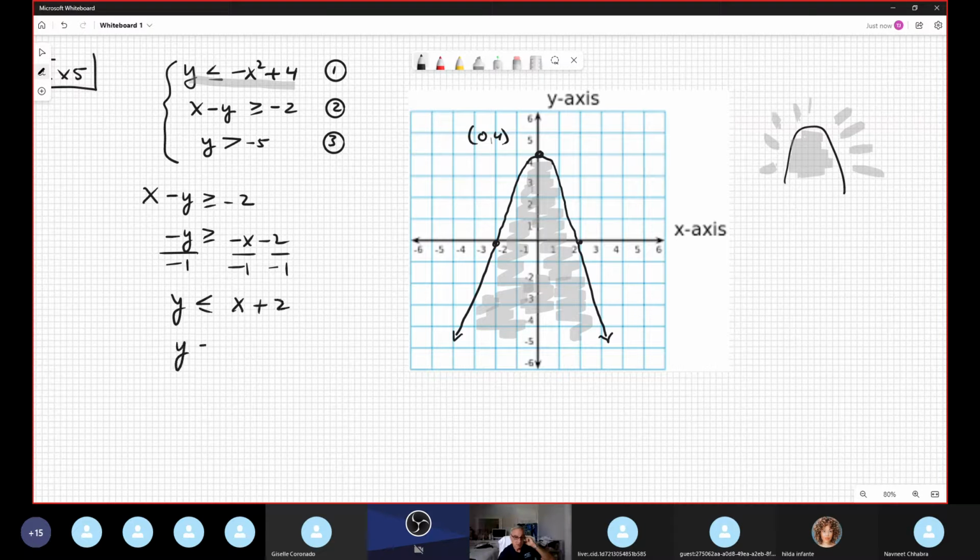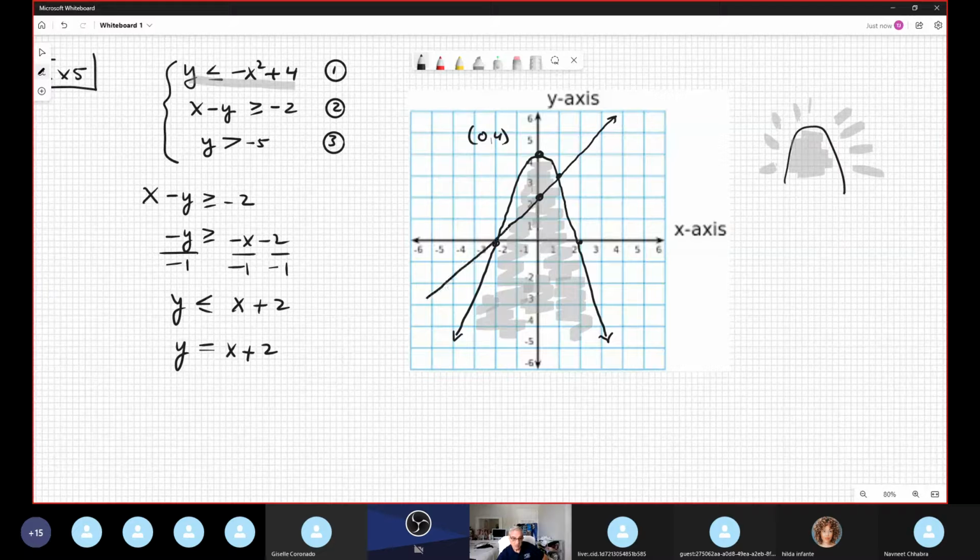Now you convert to equation. Cool. And when you convert to equation, it's easy. The y-intercept is 2, and the slope is 1. So we have this line, which is also a solid line.